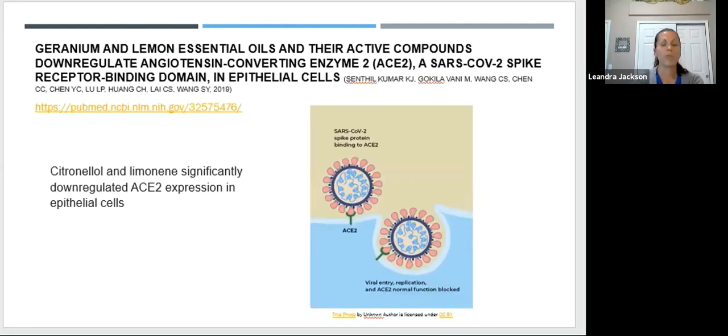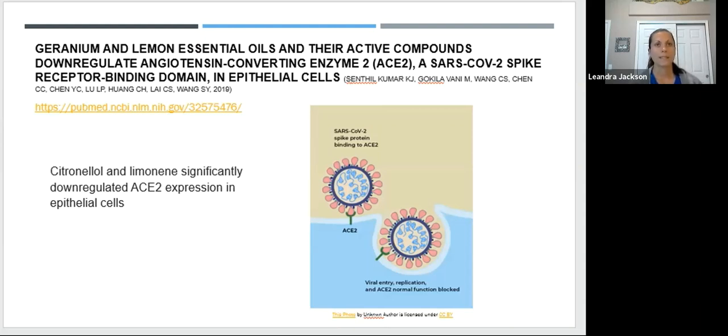Now into a little bit of what science is discovering. So last year, this scientific study came out on PubMed. You can look for it on the PubMed website. It says that geranium and lemon essential oils and their active compounds downregulate angiotensin converting enzyme 2, which is the ACE2 receptor on our cells, and it doesn't allow the COVID spike to bind to the domain.